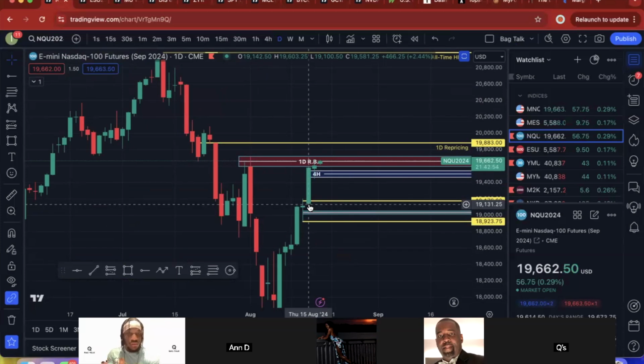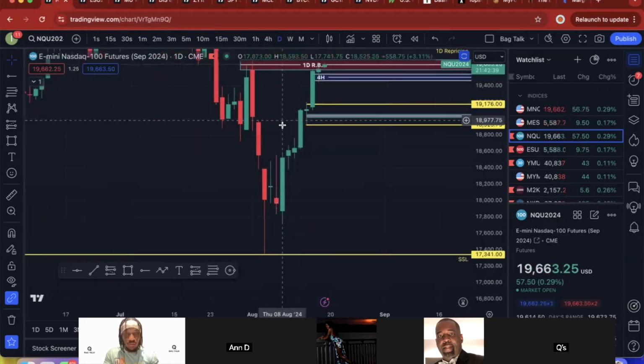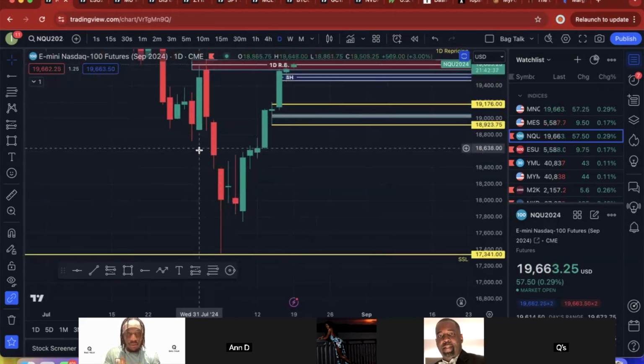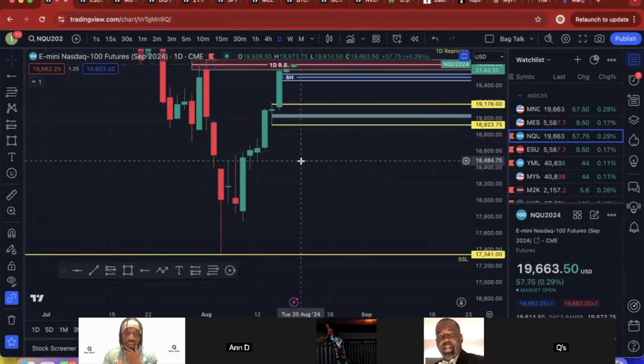Remember, there's liquidity on both sides, but the nature of your price leg will tell you what price is trading for. You're looking for not just fair value gaps on your price leg. You're looking to see, are we respecting bullish order blocks? Are we disrespecting bearish order blocks? Are we disrespecting bearish fair value gaps? Because then price is screaming at you what its real intention is, and that helps you get direction.